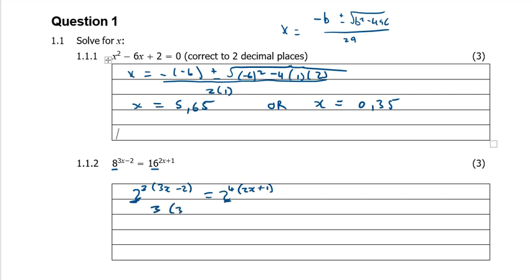So we've got 3 equal to, this is 9x, bring the 8 over, take the 6 over, 9 minus 8 is x, and that's 10. That is our solution.